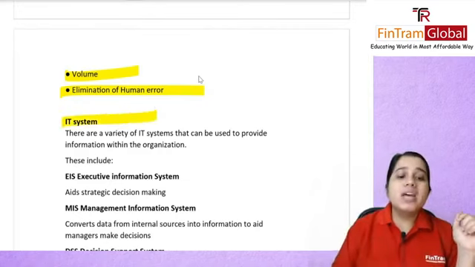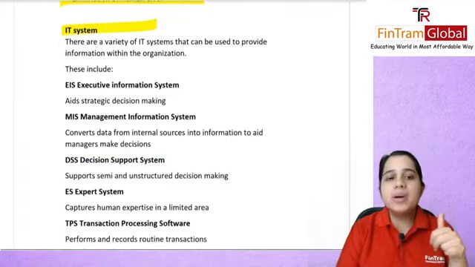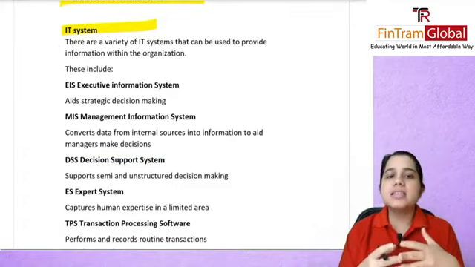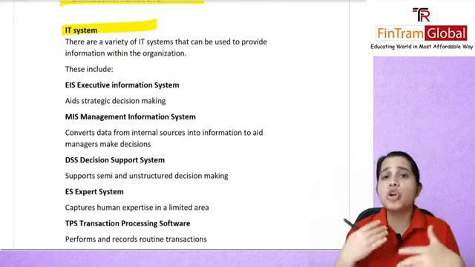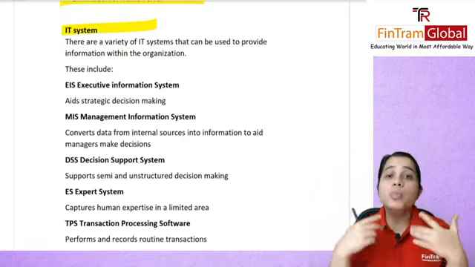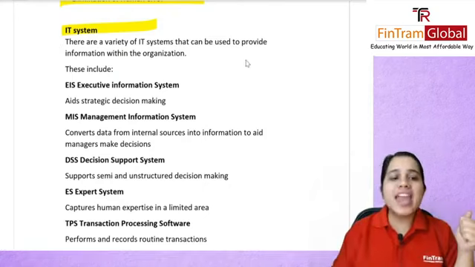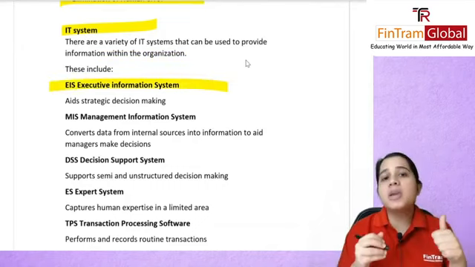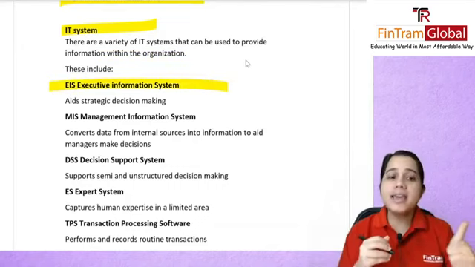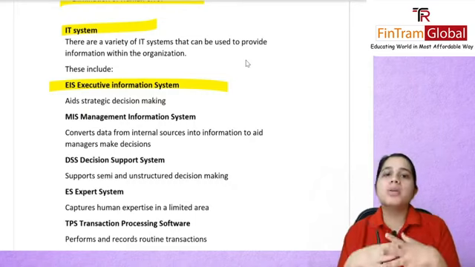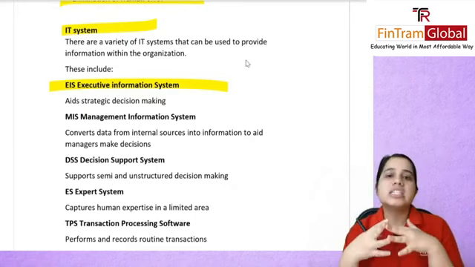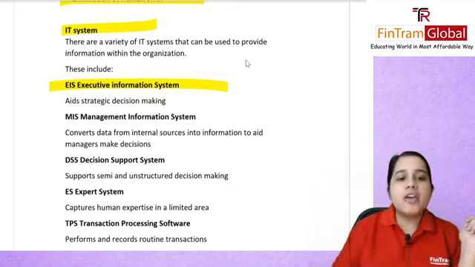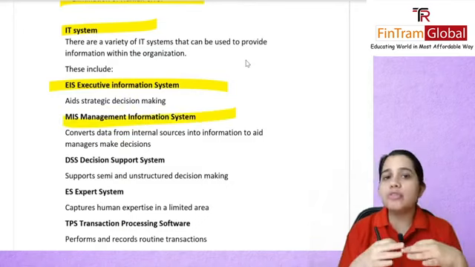Then we had talked about the IT system, wherein we covered that there are a variety of IT systems that can be used to provide information within an organization. You have your executive information system, also EIS. They are going to be helping your strategic decision making, at the top level. Then you have your MIS or management information system.